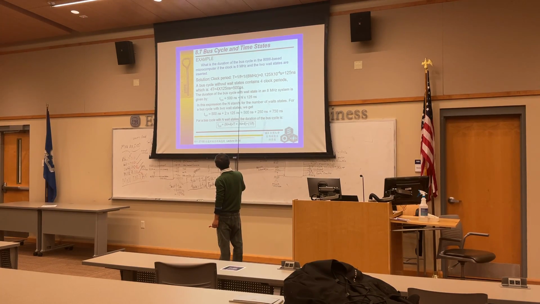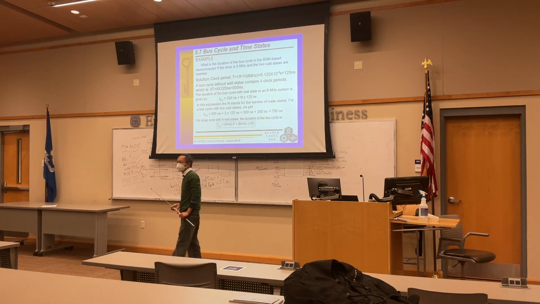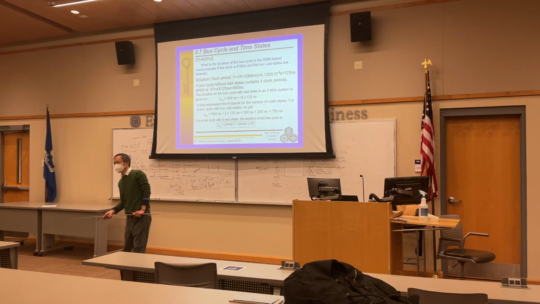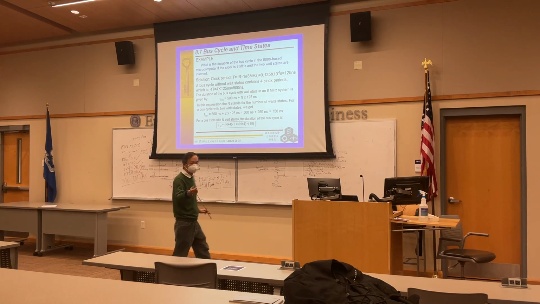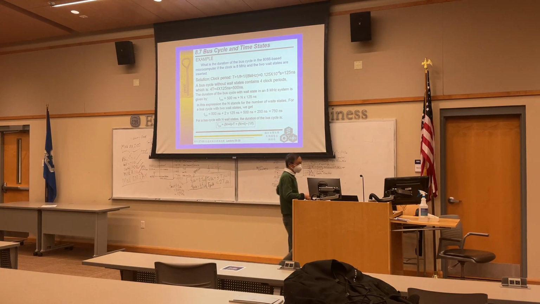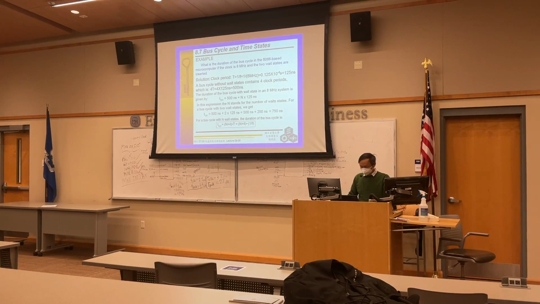However, if you have 2 additional wait states requested, then the total length of this bus cycle, N plus 4 T, is 750 nanoseconds, giving more time to finish this instruction. Any question? That's the actual time.